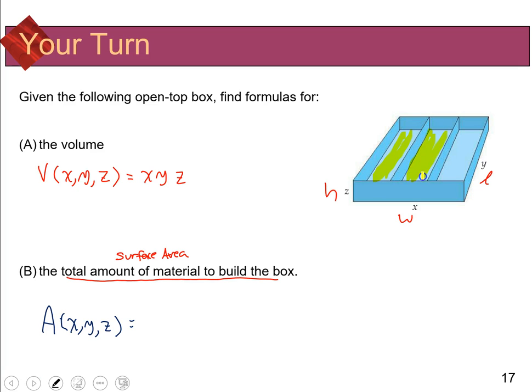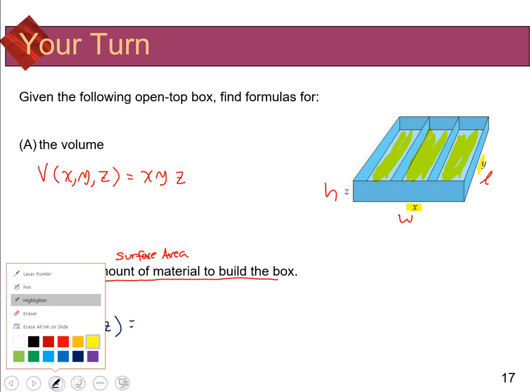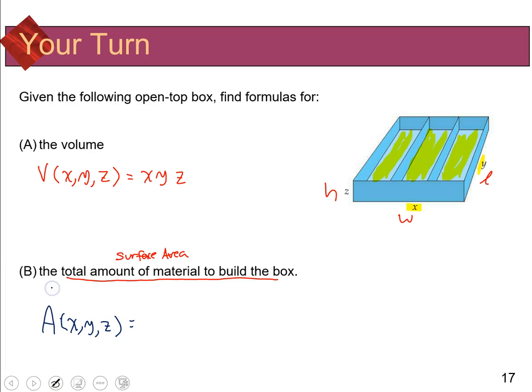Now, it looks like three different bottoms, but it's just one bottom that has partitions in it. And I can see that its dimensions are x times y. So that's going to be x times y. That takes care of the bottom. There's no top, so I don't have to worry about that. But I still have more parts of the box that I'm building.